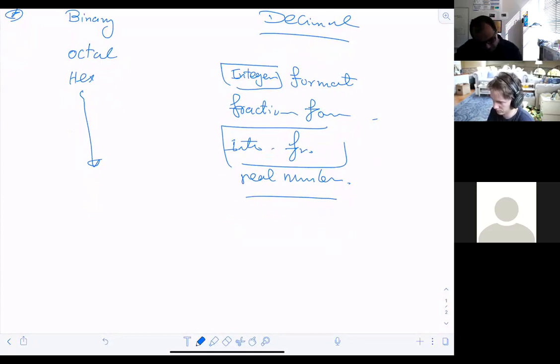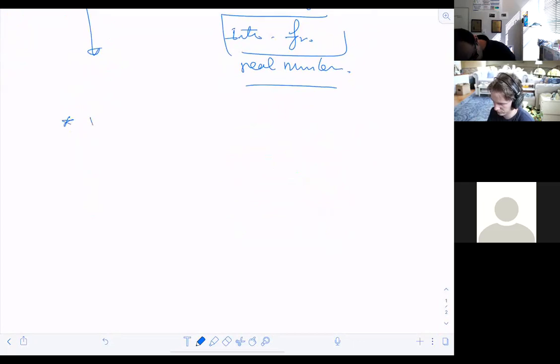As we learned before in decimal, why is decimal called decimal? Because you have 10 bases, or 10 elements, a space of numbers the decimal digit is covering.